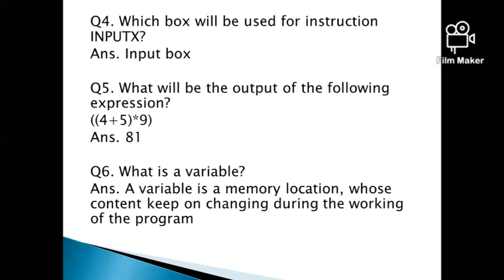If I say x equal to 2, then the value of x will be 2. But if I change 2 or replace 2 with 3, then the value of x will be 3. So we can say that x is a variable and 2 or 3 are the constant.